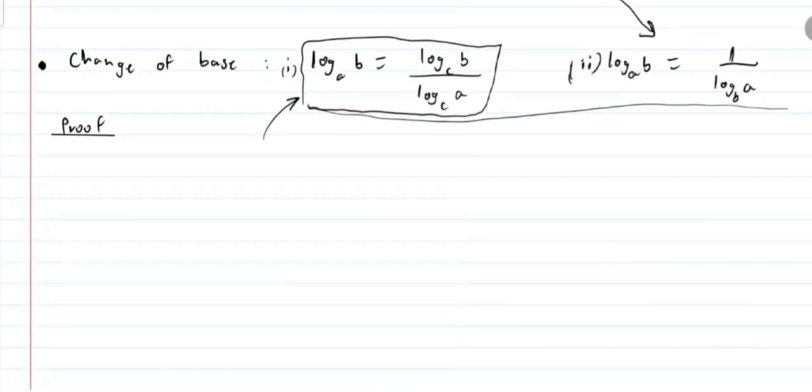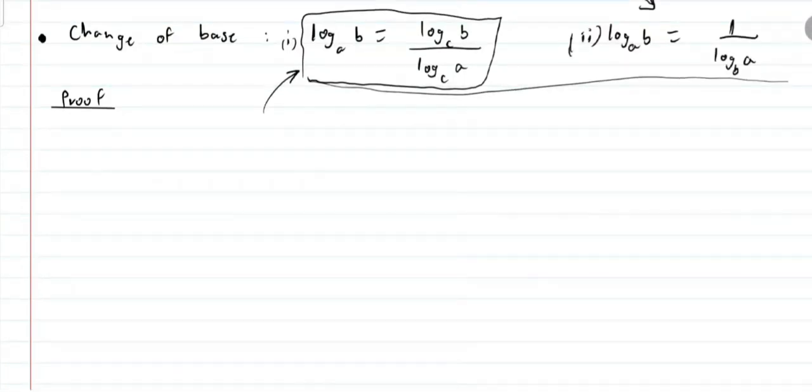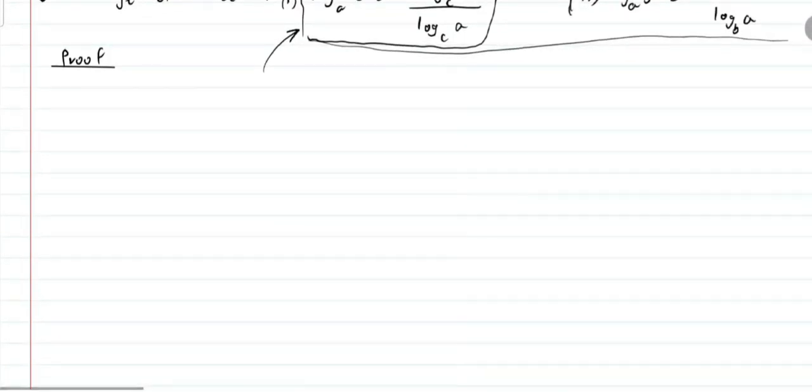Let's see. Suppose I have an equation, a to the power of x is equal to b. If I change this to log form, log base a of b is equal to x. Let's go back to this exponential equation. I want to introduce a different base.